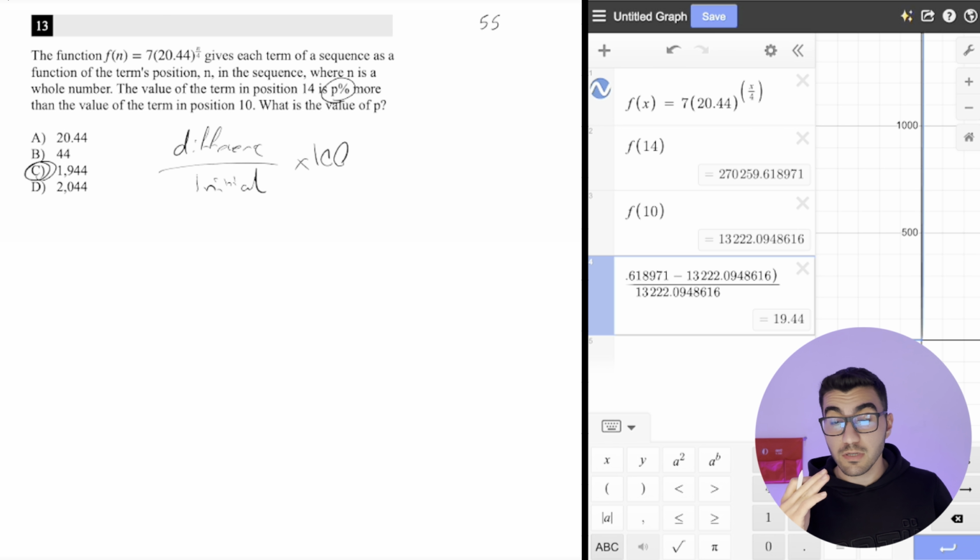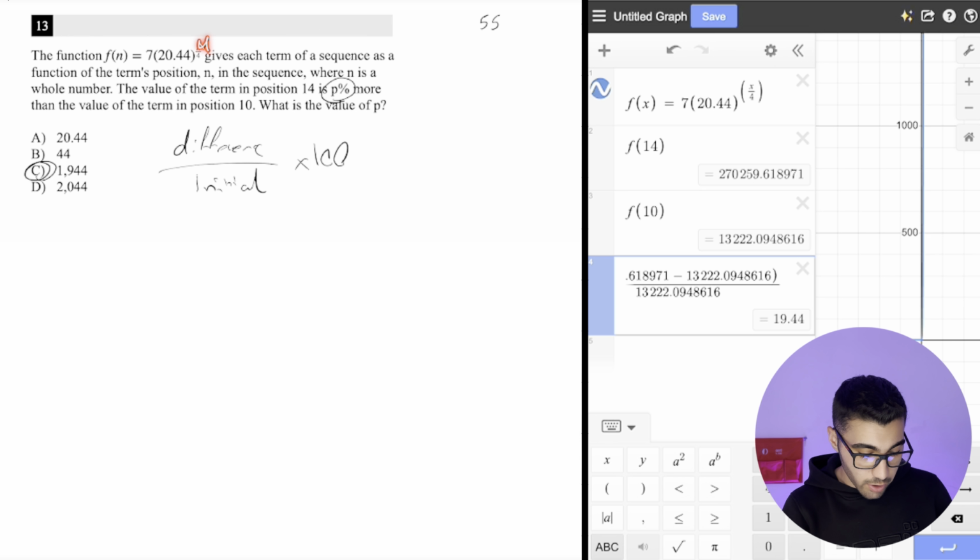Now if you ask me, is there any faster way to do it? Yes, there is. We are looking for 14 and 10, so the difference between 14 and 10 as the x's. 14 minus 10 is 4, so you go 4 units right from 10 to 14, right? And you're looking for how many units we will go up in this function.